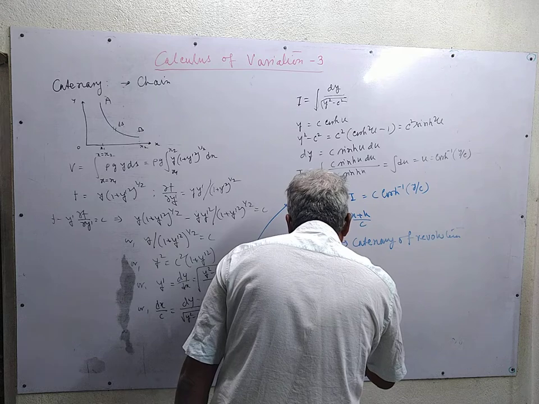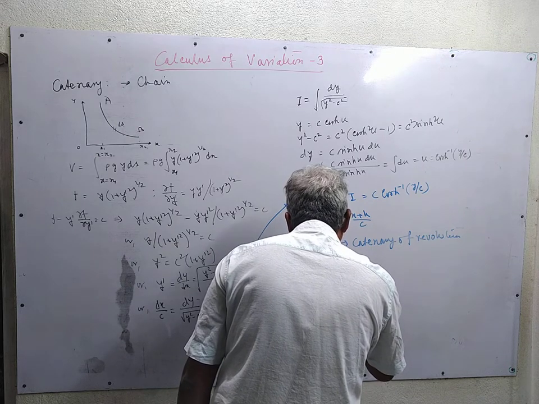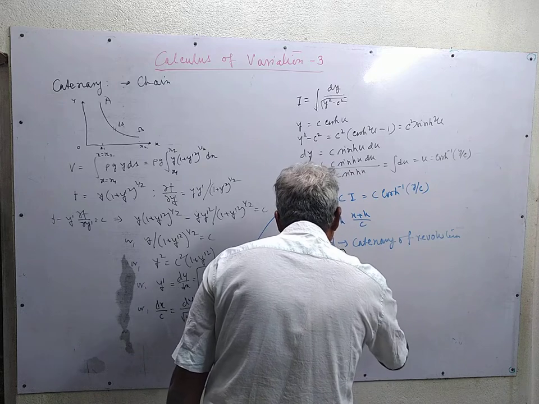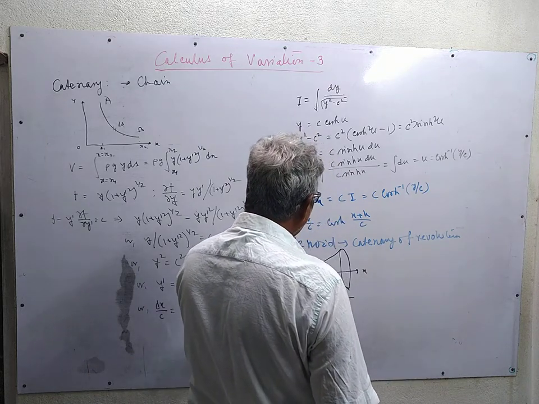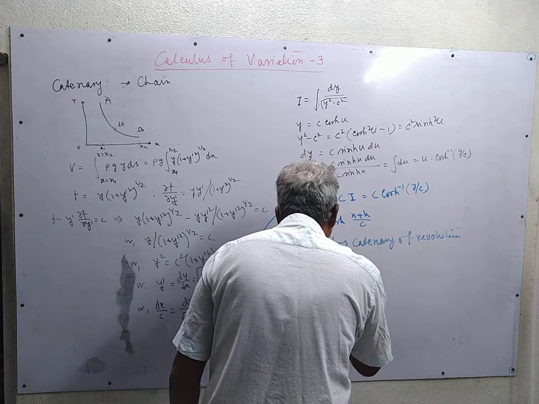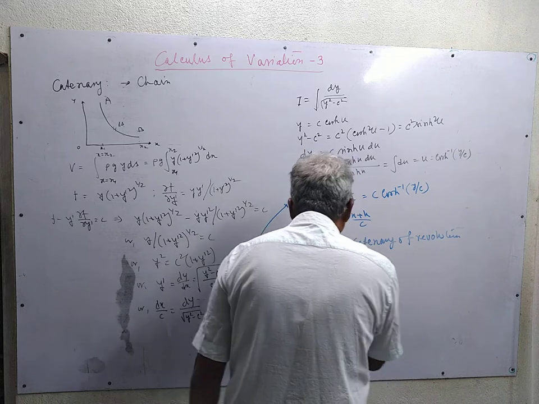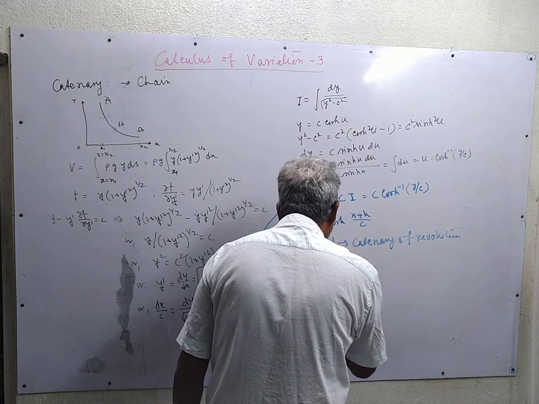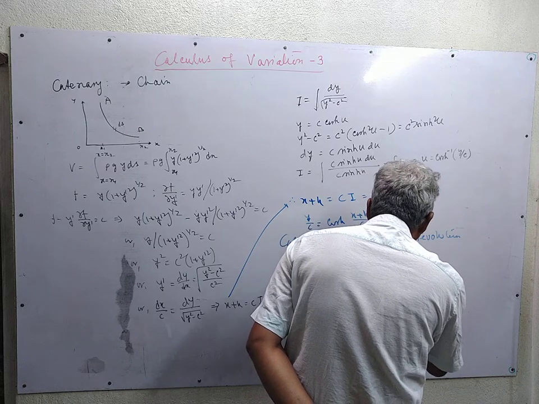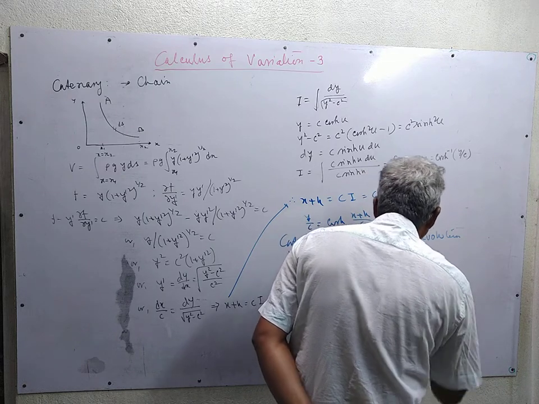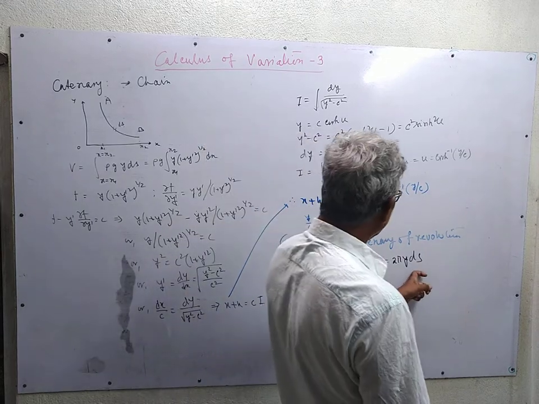a strip line, a cylindrical section like this, then this part is y, and the circumference is 2 pi y multiplied by the arc length ds is the area. So dA is equal to 2 pi y ds, and total area will be integrated over this.